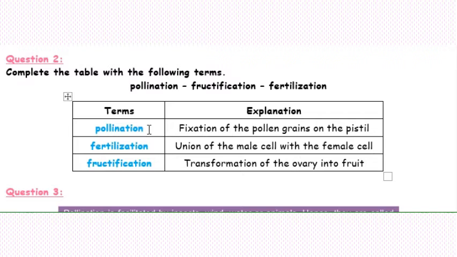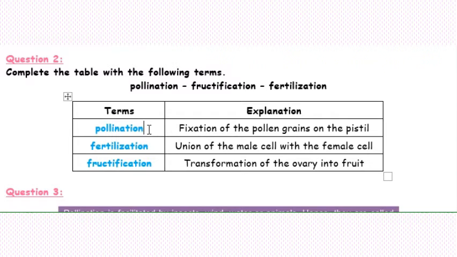So again, I'll repeat: during pollination, pollen grains are moved from the male anther to the female stigma with the help of the wind or different animals called pollen helpers or pollinators. During fertilization, pollen grains present pollen tubes and they produce sperms.